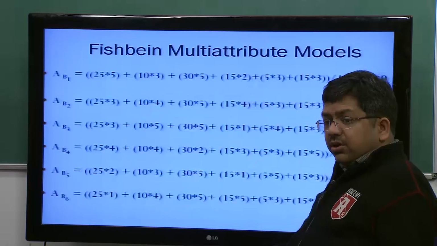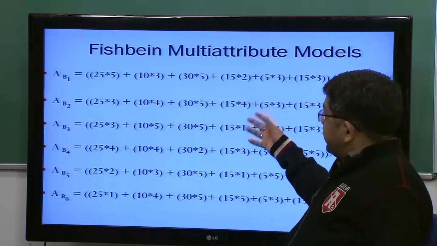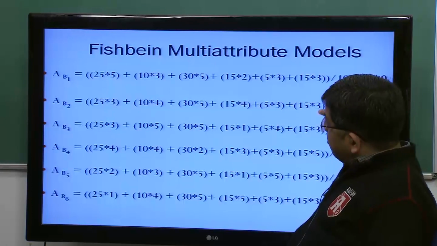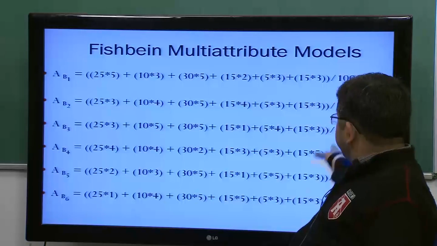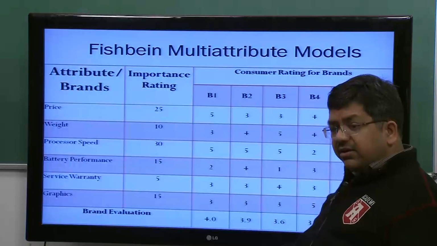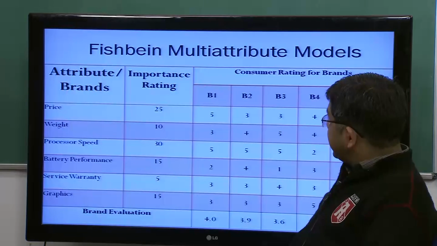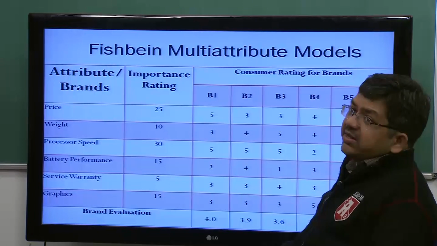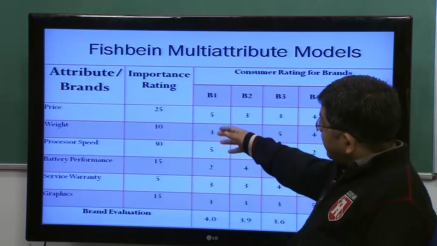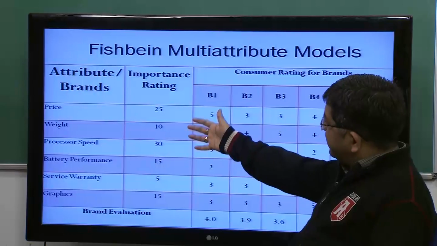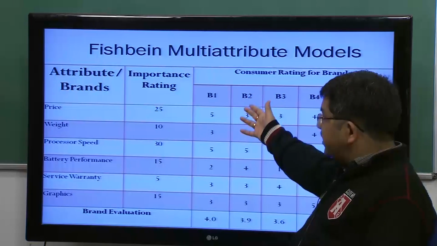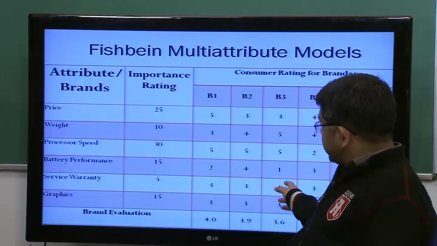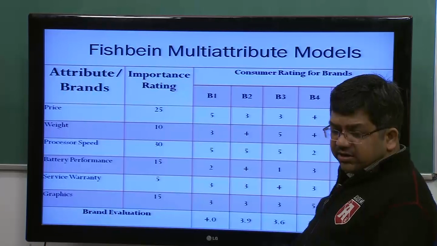Now, if you apply this Fishbein multi-attribute model, you can calculate the overall rating of a particular brand, and we get the rating which is summed up here. As I told you in the last class, brand 1 is probably rated highest by this consumer, based on his importance rating of different attributes and how the brand fares on each attribute in his perception.